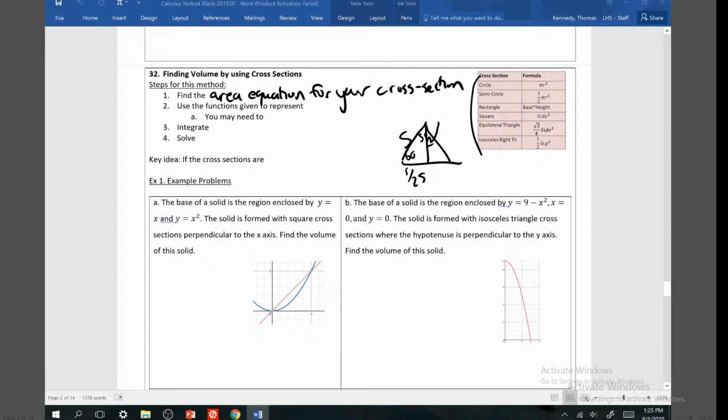And this is the √3/2 side. And all I do to find the equation of this thing is I do 1/2 base, but my entire base is S side, times height, which is this √3/2 side. And booyakasha, we got √3/4 side squared.